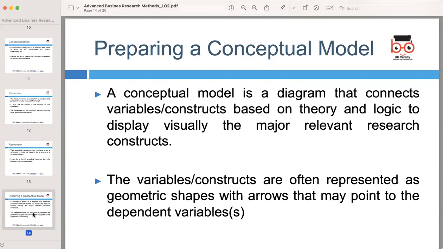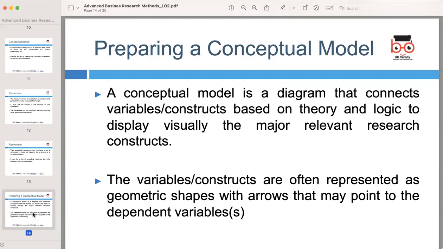So we will be discussing how to prepare a conceptual model, which is a diagram that visually represents the major variables or constructs in our research based on theory and logic. This diagram helps us understand the connections between these variables or constructs and how they relate to each other.